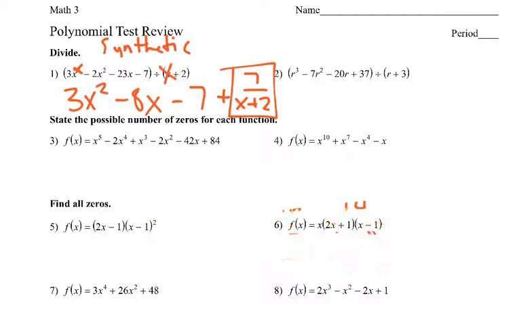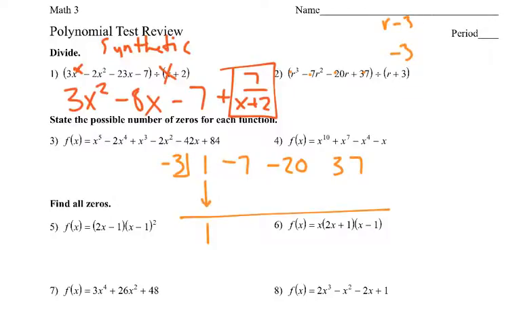So we'll do it for number 2 as well. So now this is r plus 3, so it's a negative 3. If it were r minus 3, then in that box we'd put a positive 3. Okay, so I have a coefficient of 1, negative 7, negative 20, and positive 37.